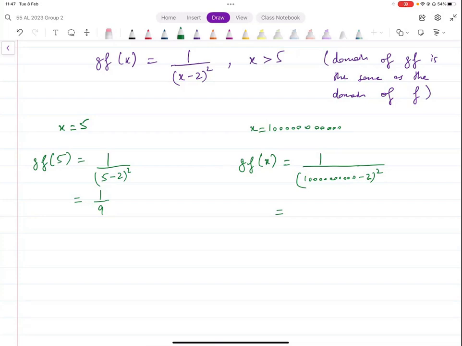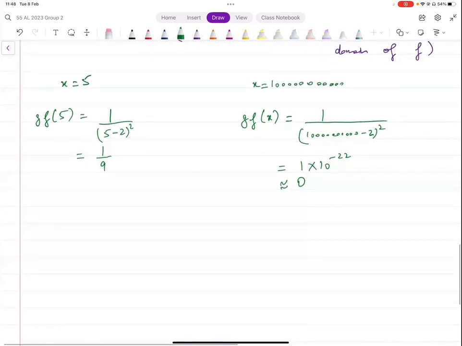You can just add as many zeros as you want and then just see what you get. What's your calculator giving you? 1 into 10 raised to power minus 22. So it's an extremely small value. We can say it's just almost equal to 0. Not exactly 0, but it's almost equal to 0. So that's your other end point.